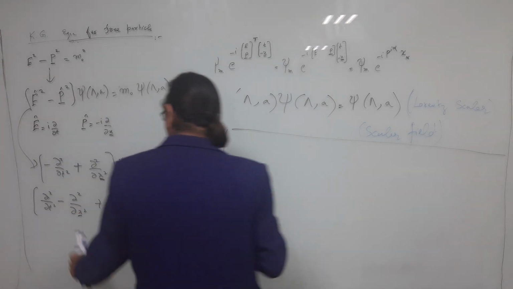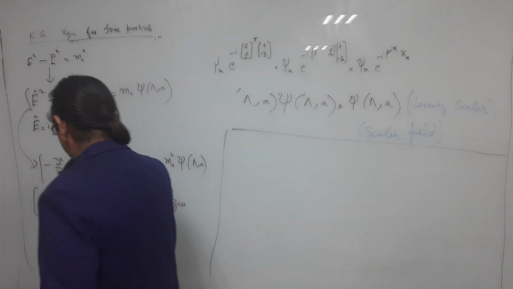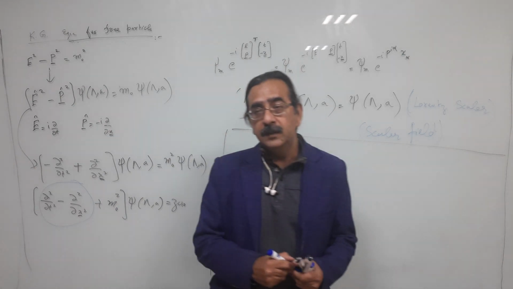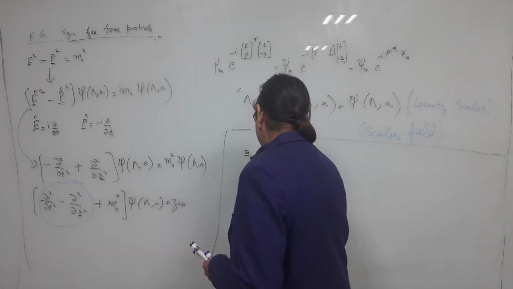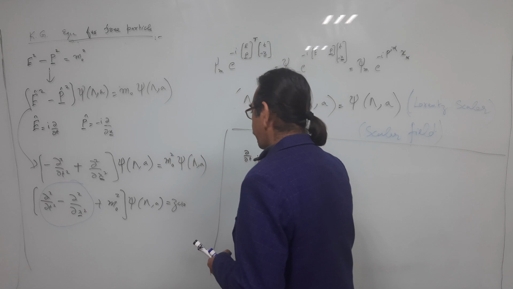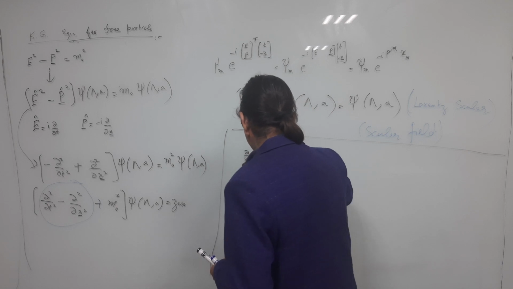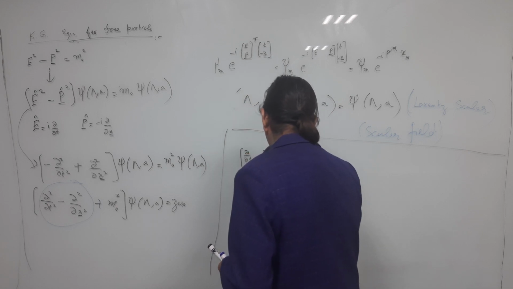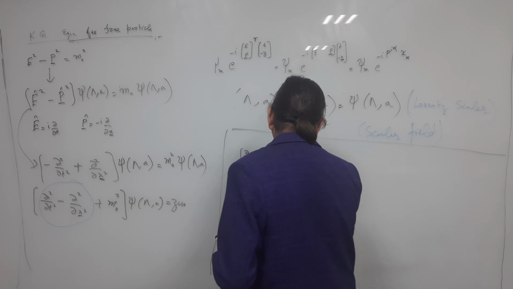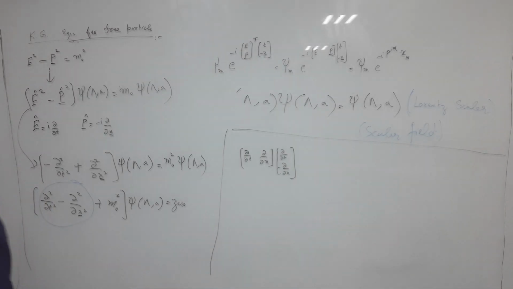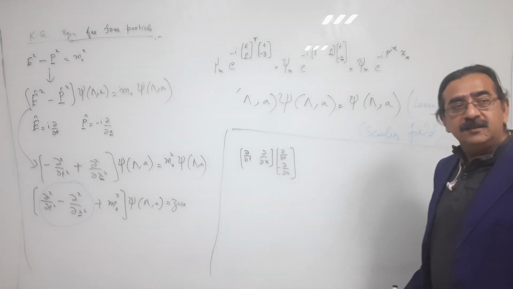What is this? This is the operator. This may be written in the form of a matrix, in this way.